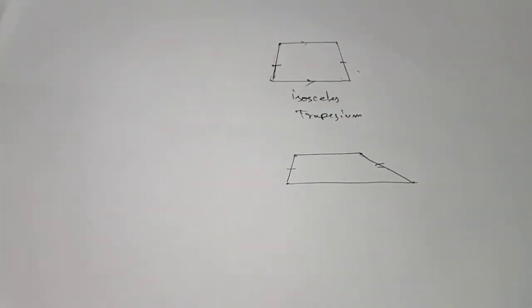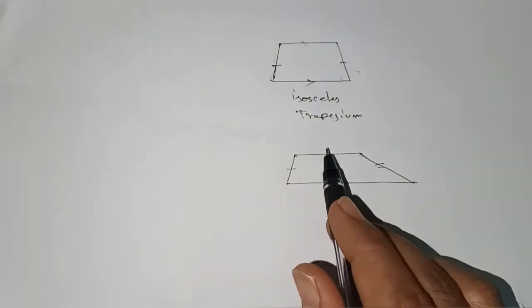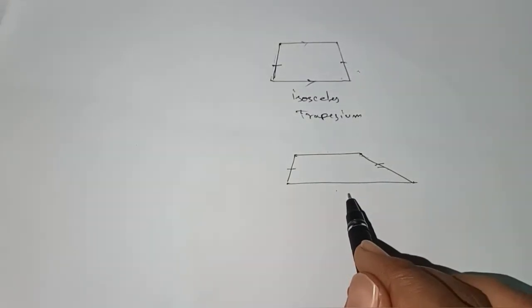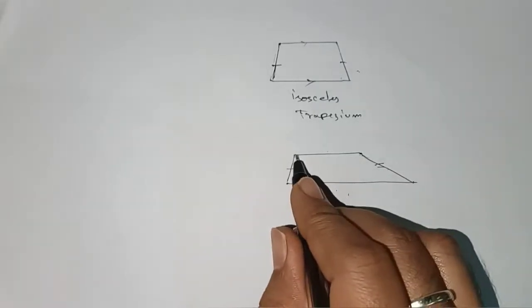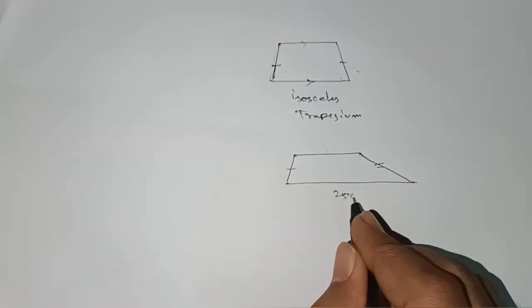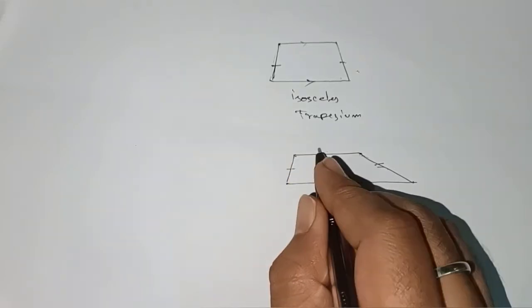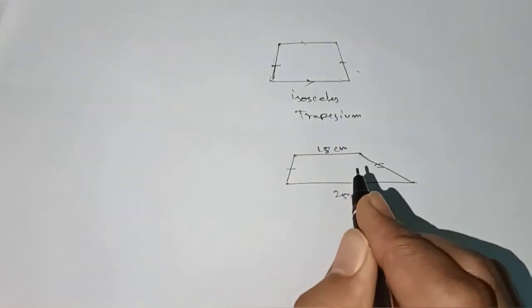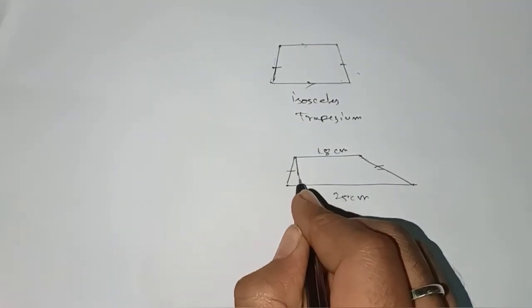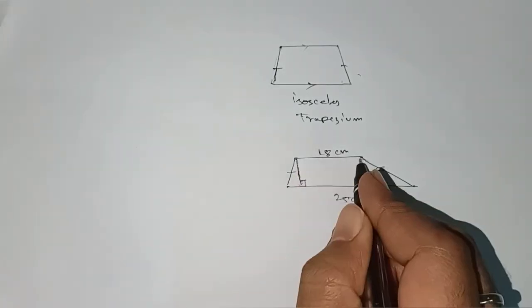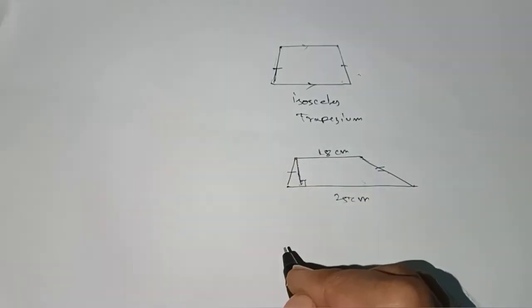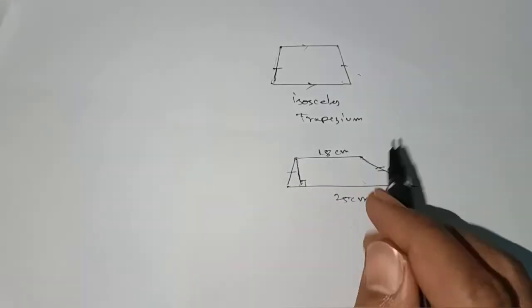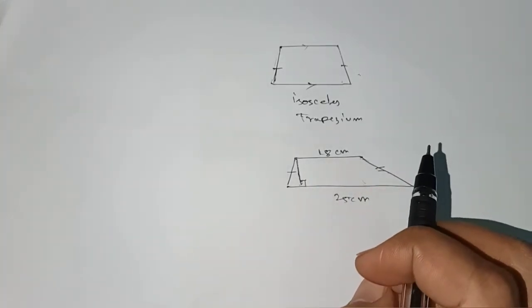What we're going to do: if the two parallel sides have been given and we have the height, remember, say we take 25 centimeter and 18 centimeter for the two parallel sides. The height will remain the same for both sides, as we have two parallel lines, so the distance between two parallel lines remains constant.